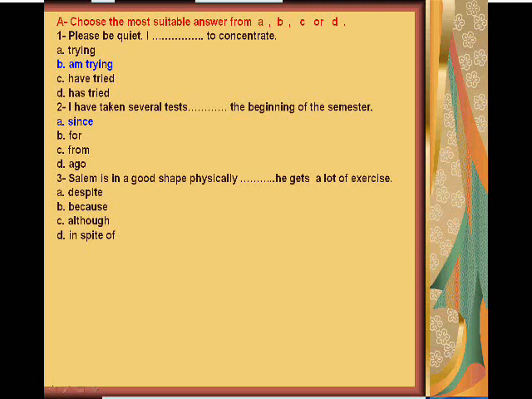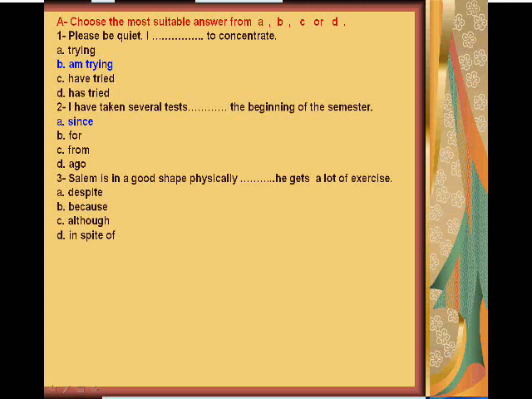So let's again look at the sentence carefully. Salim is in a good shape physically. He gets a lot of exercise. So which one should we choose? Is it despite? Is it because? Is it although? Is it in spite of? Be careful that the second part of the sentence is like a reason.